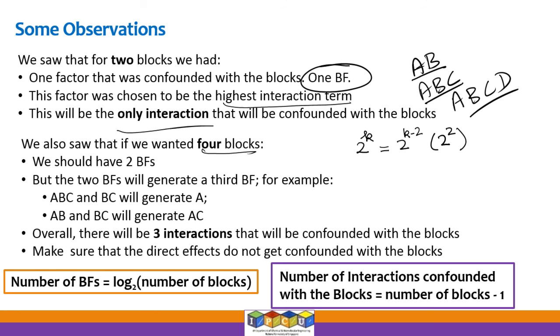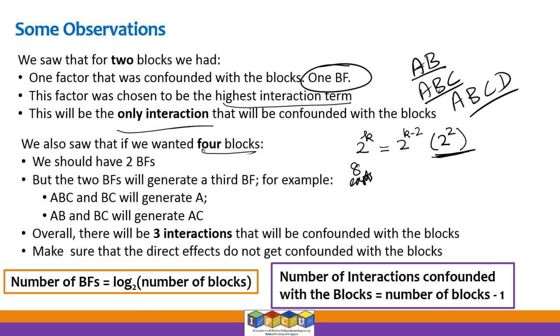So when k is equal to 3, we have 8 experiments, 2 to the power of 3.